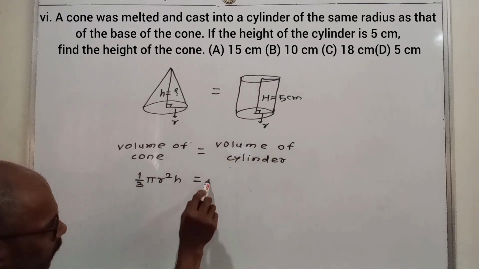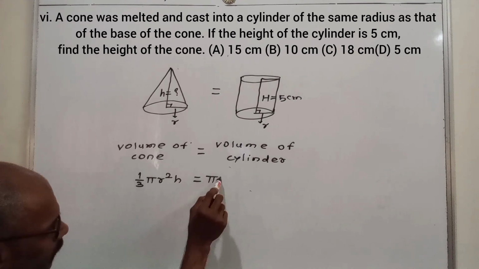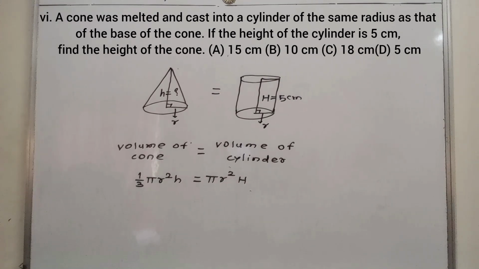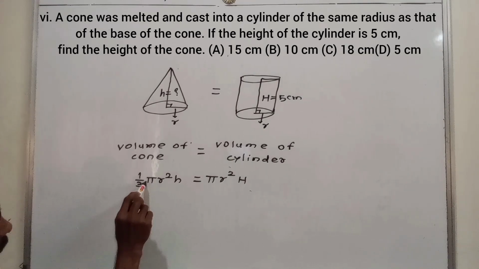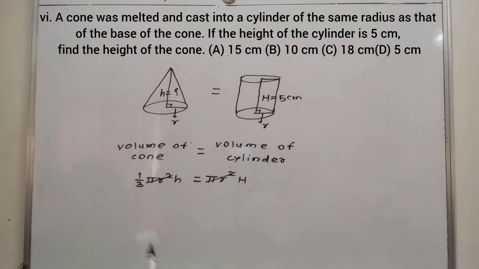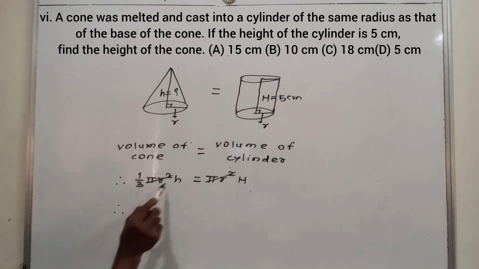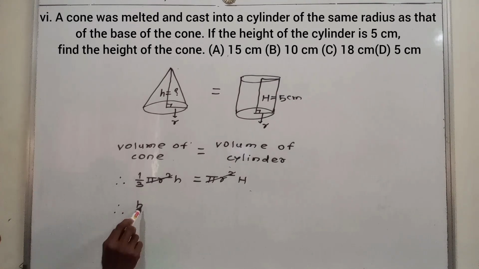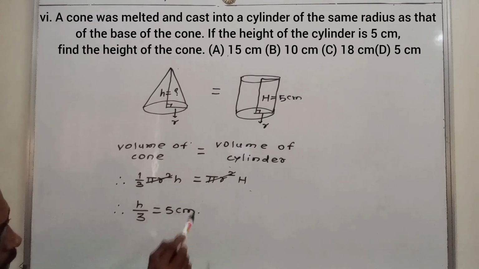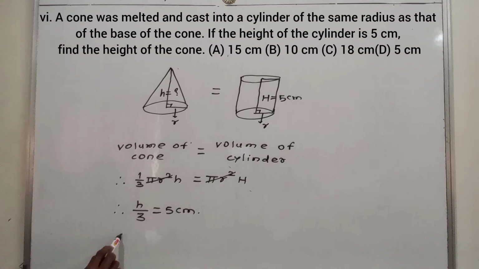Volume of cylinder pi r square capital H. Now here pi r square same, so cancel. Therefore we want to find h. 1 into h upon 3 is equal to capital H, 5 centimeter.